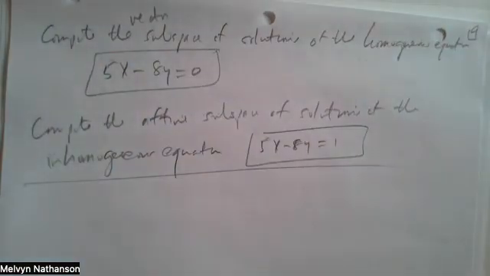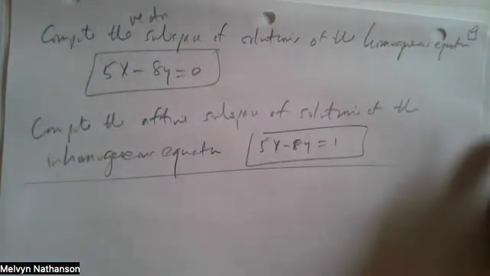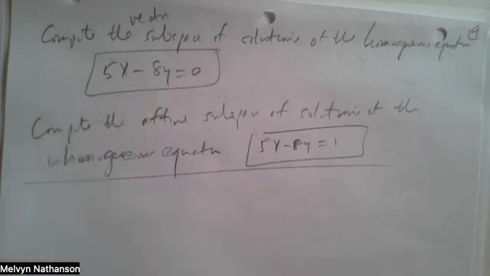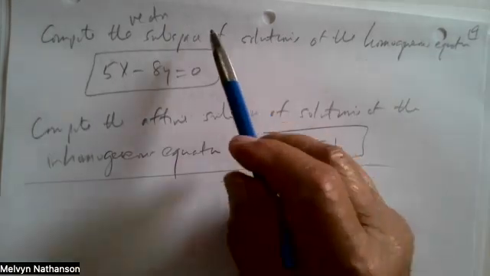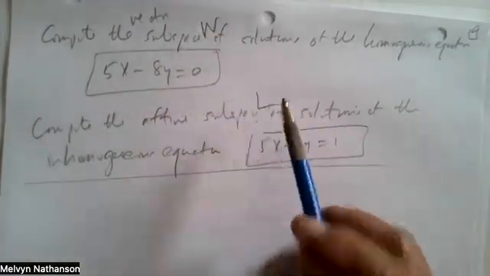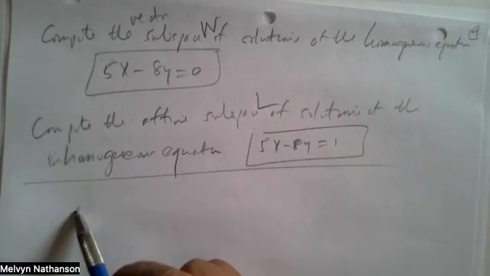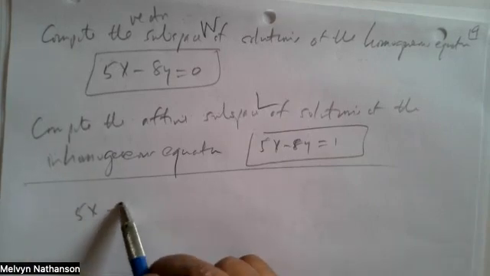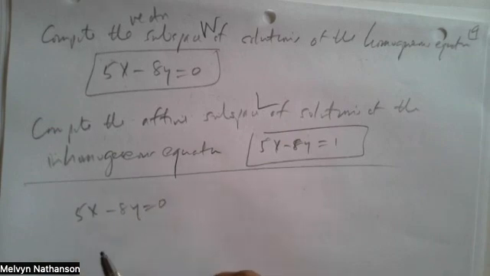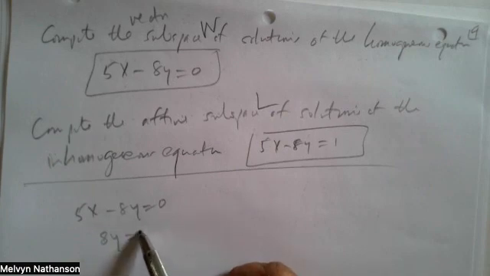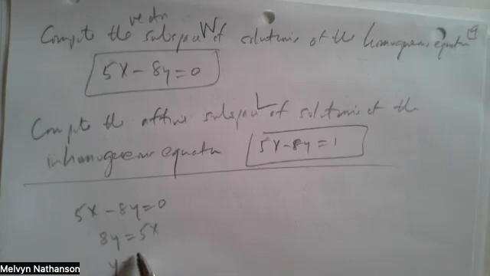Let's see. Any success? What do solutions of the equation 5x minus 8y look like? So if we have the equation 5x minus 8y equals 0, that's the same as 8y equals 5x. So y is always going to be 5/8 of x.